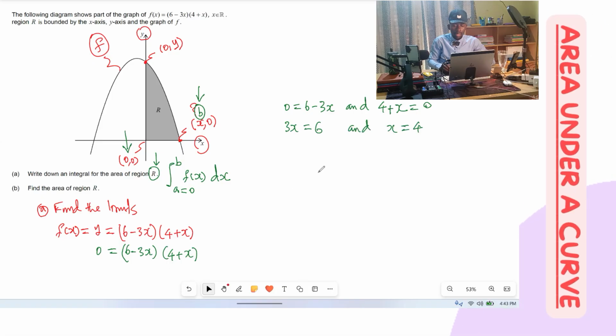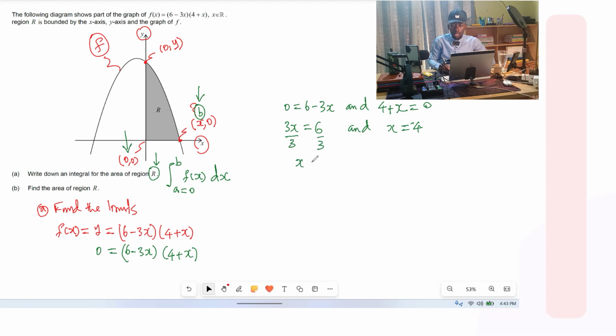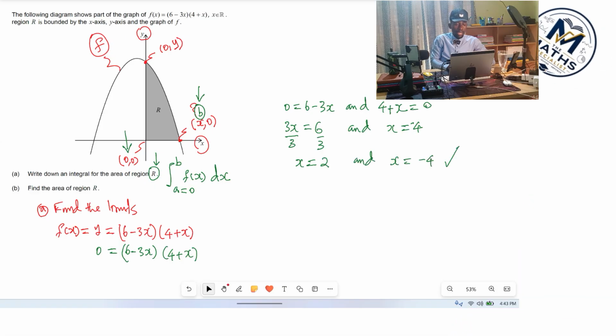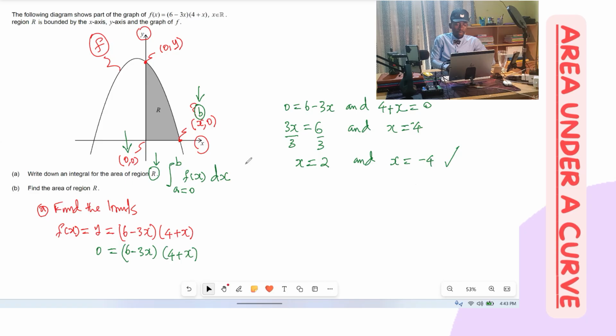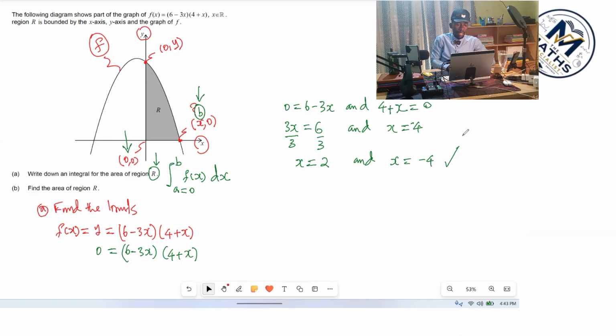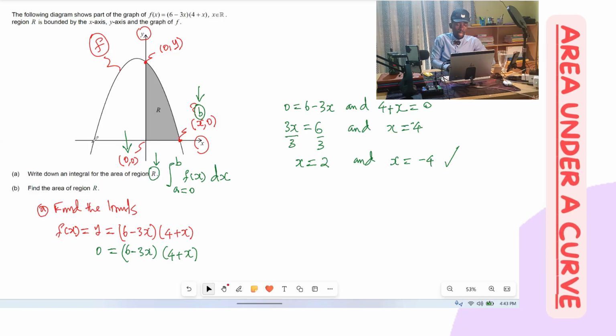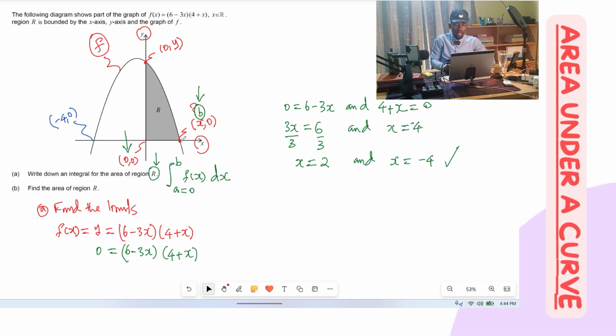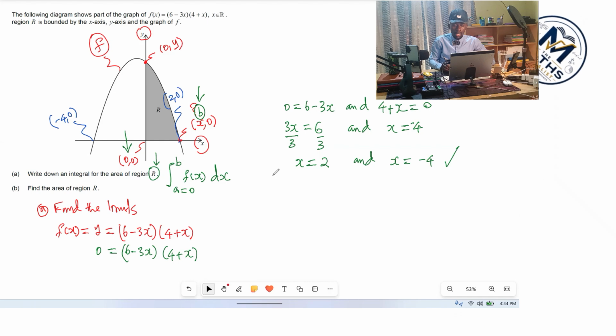Dividing by 3 here, we get x equals 2, and also x equals negative 4. So we already have our two values of x. It means the graph of f of x intersects at this point, which is negative 4, 0, and here it is 2, 0.